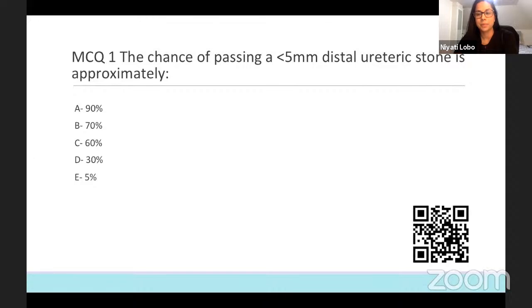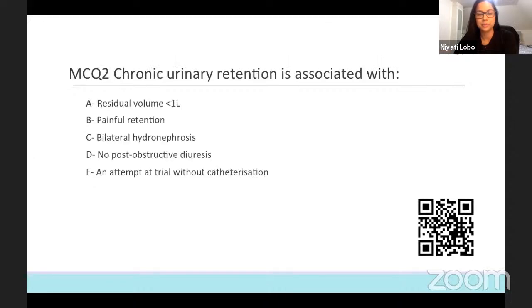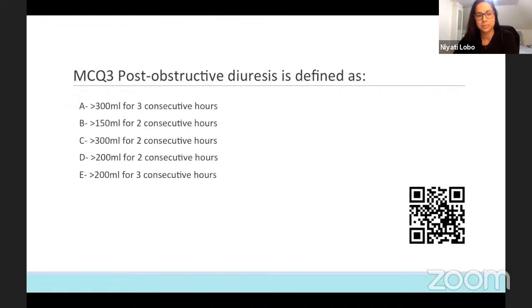Okay, moving to the next question. Chronic urinary retention is associated with which of these features? Next question.